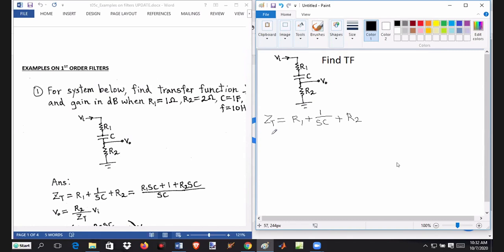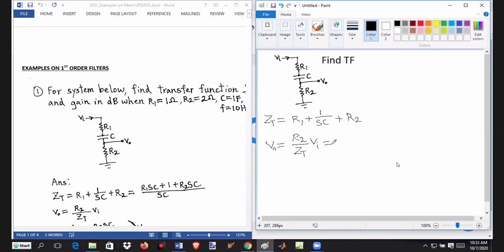So using potential divider or voltage divider theory, it will be VO equals R2 over ZT times V in VI. This is how you find the value for VO. R2 over ZT.